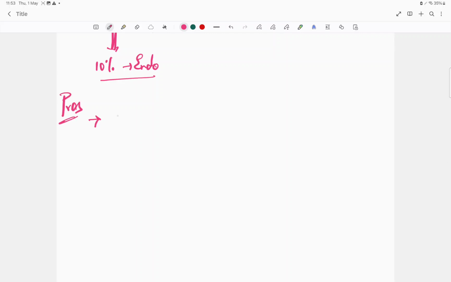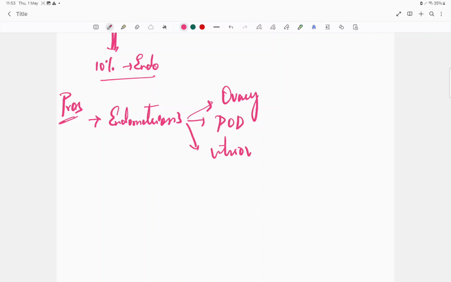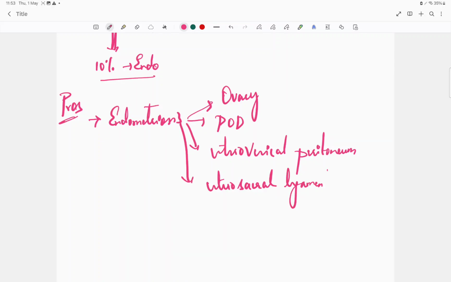It can explain why endometriosis is present in the most common sites: ovary, pouch of Douglas, I told you there, utero-vesical peritoneum, uterosacral ligament, and of course broad ligament.